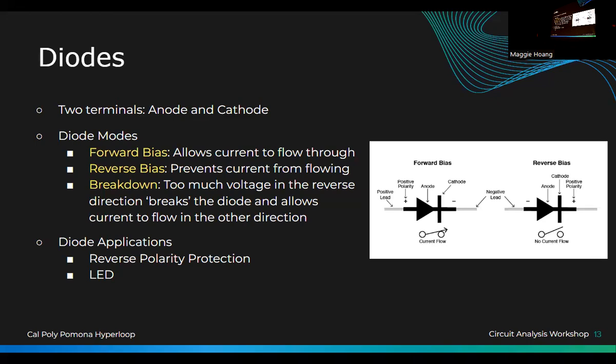Let's say you're sleepy, you stayed up all night working on this project, and you decide to reverse it, right? If you did not have this diode here, this could explode. There are some cases where if you reverse the polarity, you can fry the system or make it explode.